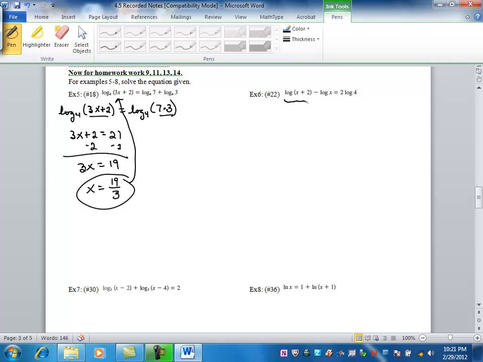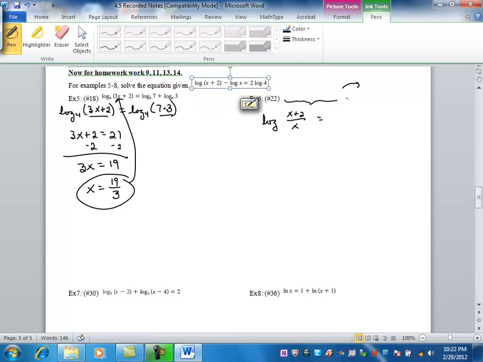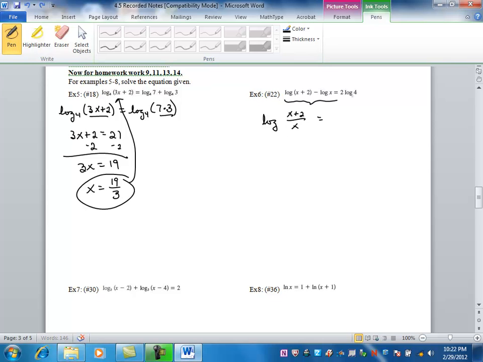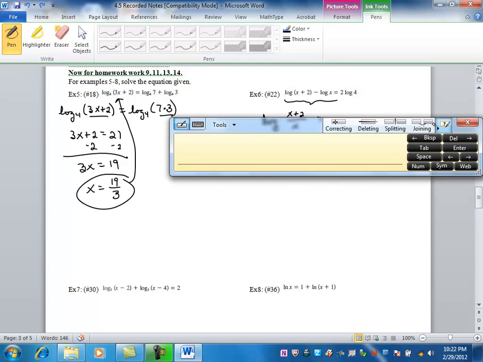Now we'll notice here on the next example we've got the difference of two logs. So we can rewrite this as the common log of x plus 2 divided by x equals, and I'm going to go ahead and bump this coefficient up here to make it an exponent.